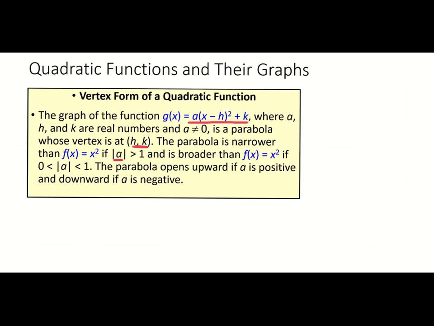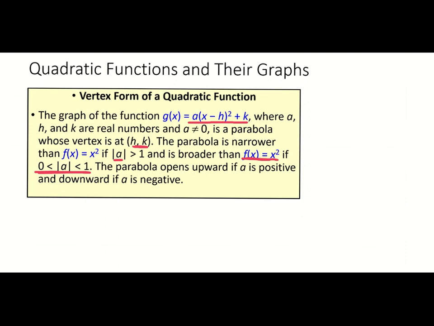And if a is between 0 and 1, think of it as a proper fraction, like 1/3 or 1/2, and again, absolute value, it doesn't matter about the sign, then the parabola is going to be wider than f of x equals x squared. I call it fatter.